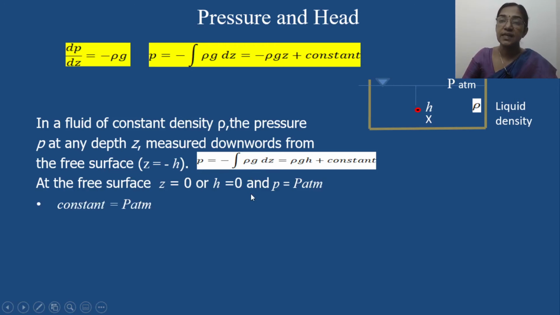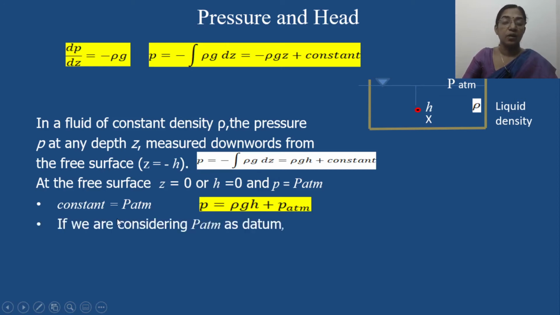Substituting this condition, P equals rho g h plus P atmosphere. If you consider P atmosphere as datum, then we can write P equal to rho g h, or P equal to gamma h.